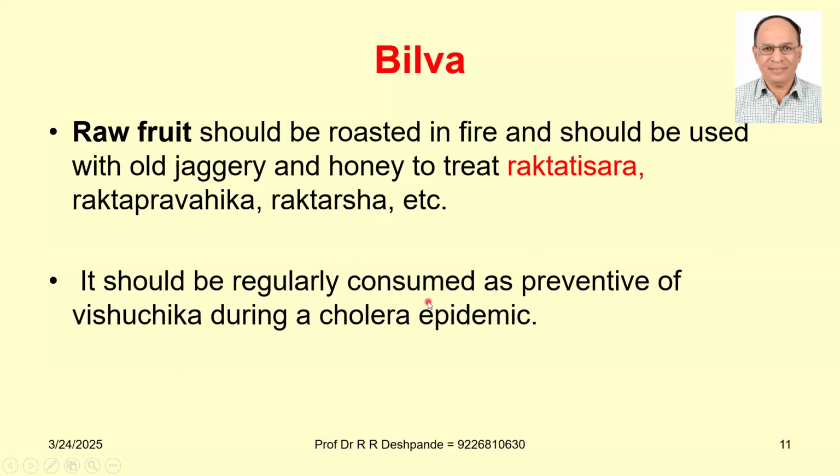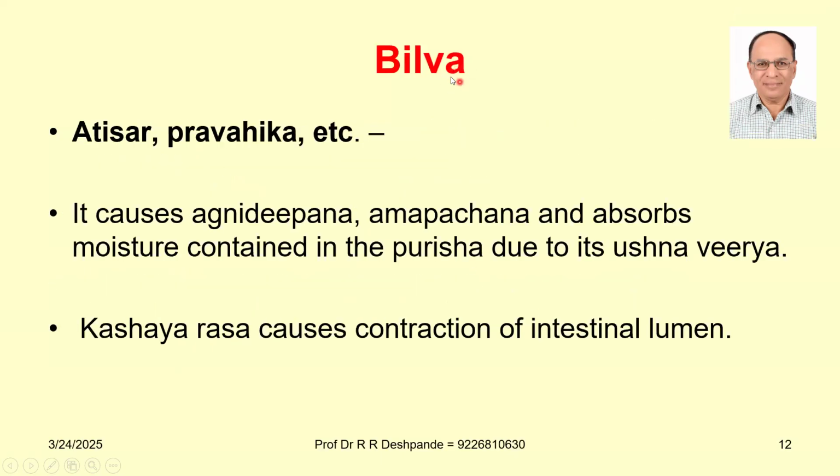It should be regularly consumed as a preventive of visuchika, that is cholera, during a cholera epidemic. Then uses of bilva: atisara, pravahika, etc., loose motions, and also amoebiasis and giardiasis. Bilva is doing the Agni Deepana, increasing the digestive juices and enzymatic actions.